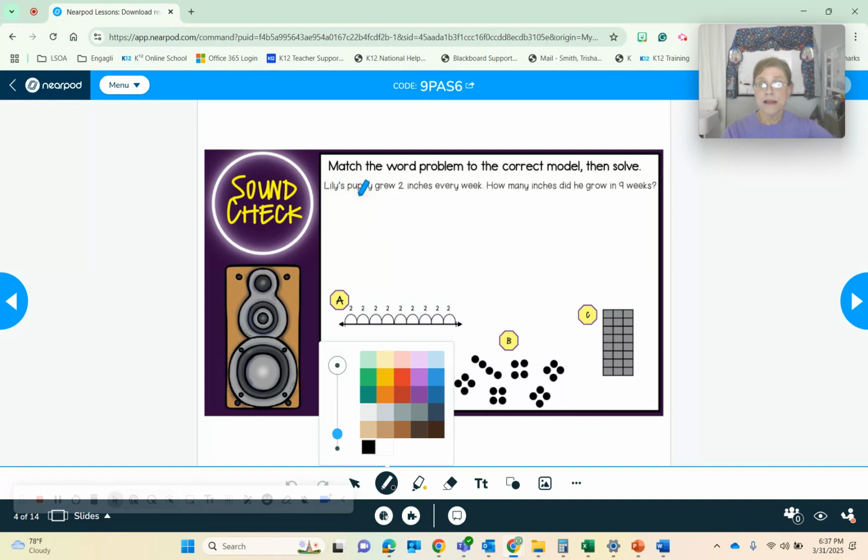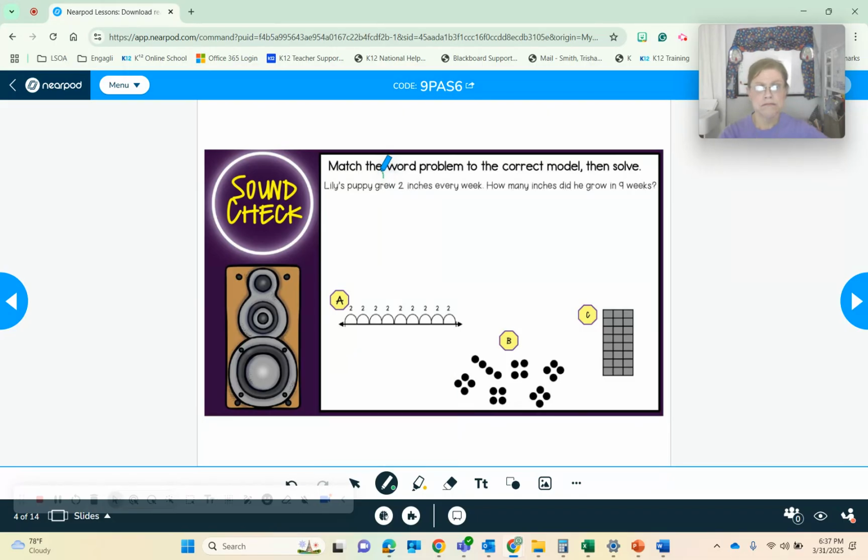So Lily's puppy grew. So we know it's increasing, and I'm going to put an up arrow because we know it is increasing. Lily's puppy grew 2 inches every week, so I'm going to circle 2 inches every week.